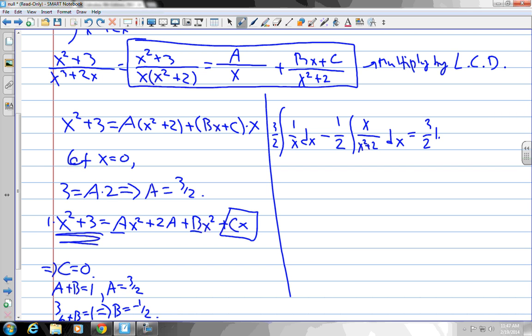So that's 3/2 natural log of absolute value of x minus, I'll have to do a little substitution here. Can we do it verbally? X squared in the denominator, derivative of that is 2x, right? So if I put 2 over here, that means I need another 1/2 over there. So I'll have minus 1/4 natural log of x squared plus 2 plus a constant.